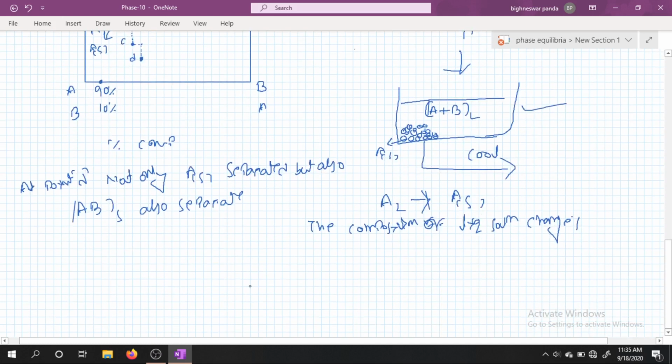That means at point D, A plus B liquid will give AB solid and A.